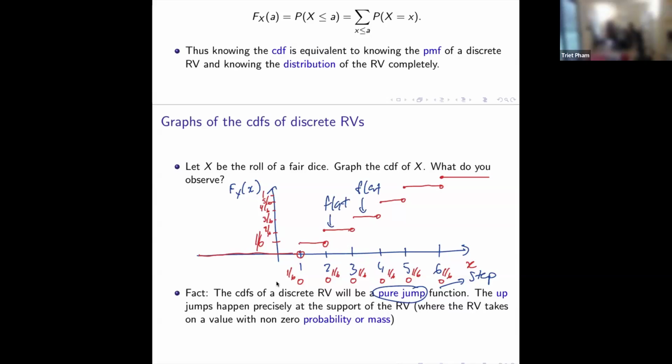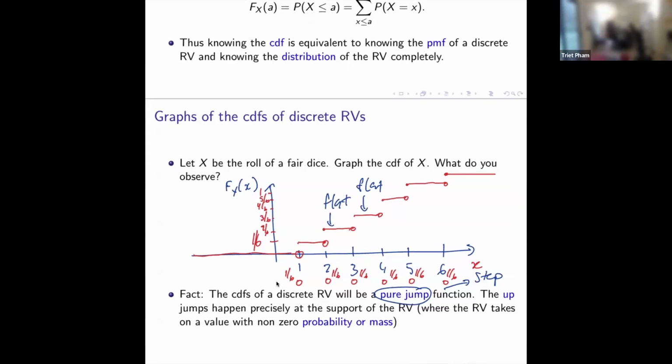Again, let's make sure we understand it. Why must it be flat? What happens if it tilts up like that?